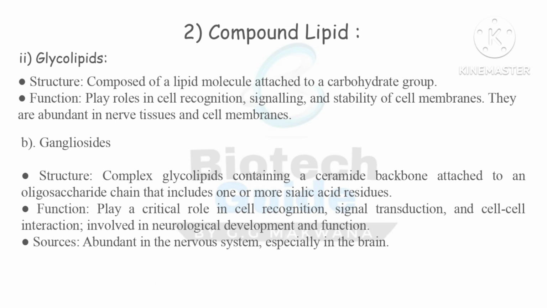In cerebrosides, ceramide is combined with a single monosaccharide, galactose or glucose, while in gangliosides the ceramide backbone is attached to an oligosaccharide chain, and this structure is known as a ganglioside. Function: they play a critical role in cell recognition, signal transduction, and cell-cell interaction, and are also involved in neurological development and function. Source is abundant in the nervous system, especially in the brain.